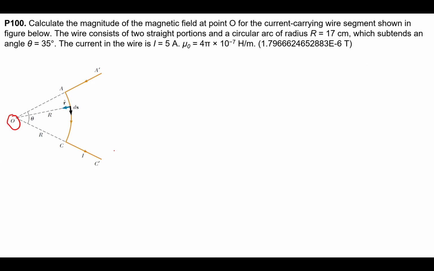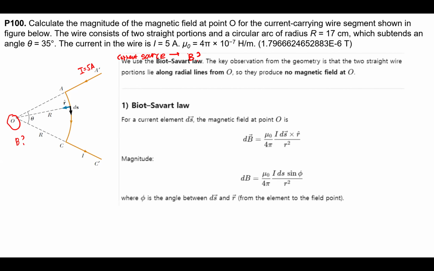So we need to find out the magnetic field here. Each of them is carrying the current I, and we need to find the magnetic field from this current source.